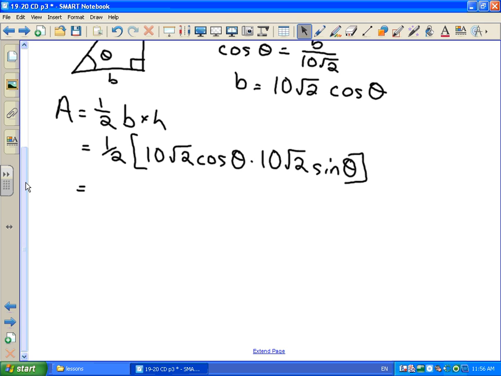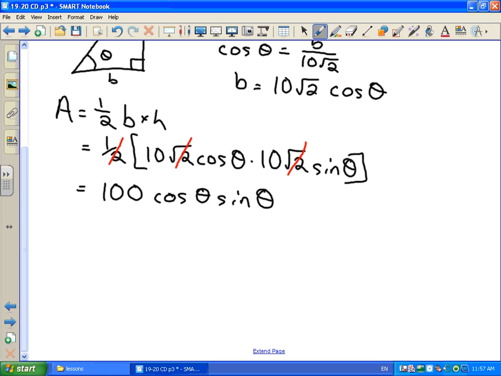And that 2 is just going to cancel with this 1/2. Okay, so those guys are going to go away. And then we've got 10 times 10, which gives us 100 cos theta sine theta. So that's our expression in terms of one variable.